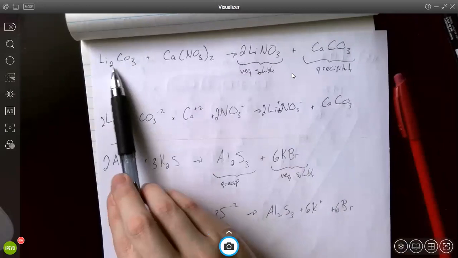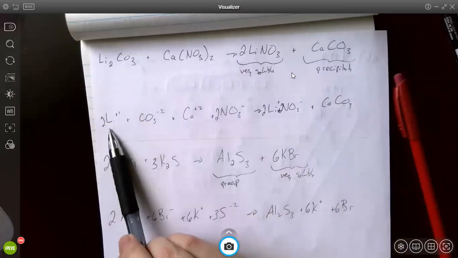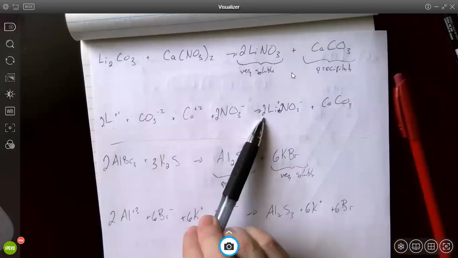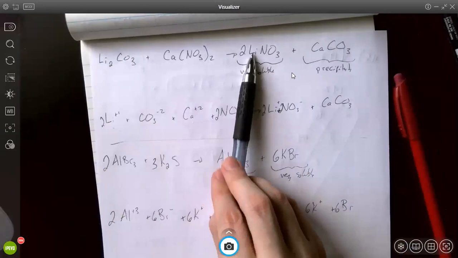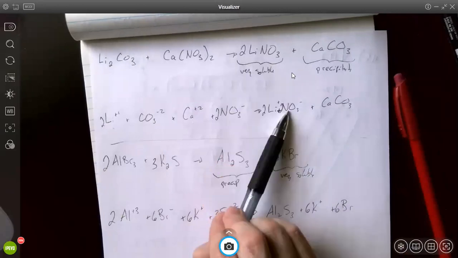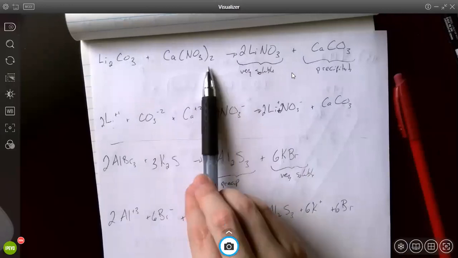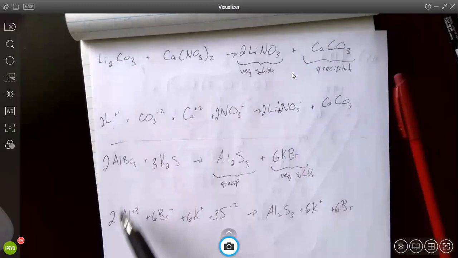So because I had 2 lithium here, I put a 2 in front of my lithium ion on both sides. Because I had this 2 here, not only does my lithium need to get a 2, but so does my nitrate. My nitrate also needs a 2 on the other side because of this little 2. Okay, and so that should be your answer.